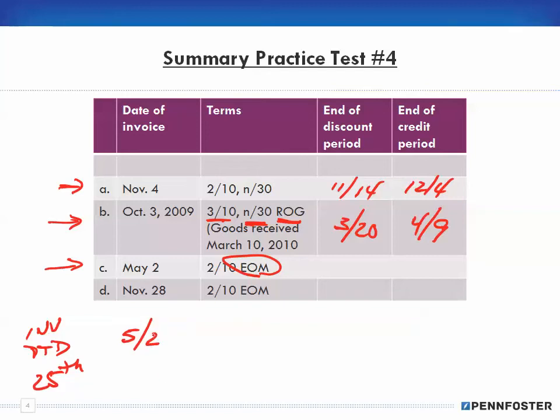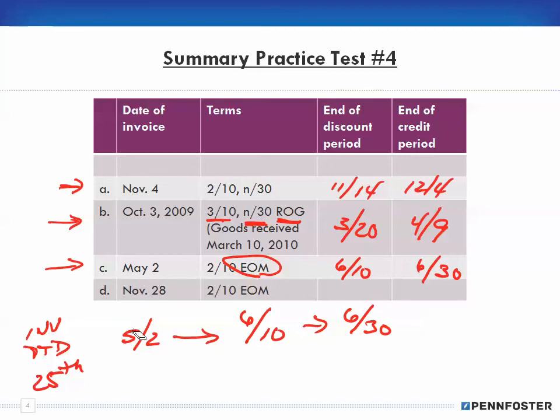So that's on the 25th or sooner. So we go to the next month, which is June, and we have to pay it on the 10th day of the month. Okay, so that makes this June 10th. And the end of the credit period is the end of June or end of that month, which would be 30 days. Let's see here, yeah, June 30th. So that makes the end of the credit period June 30th.